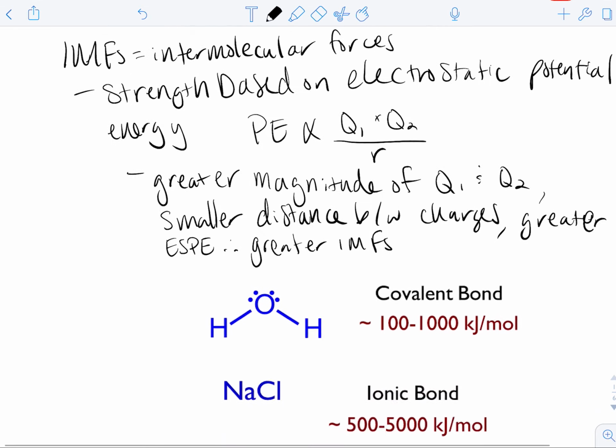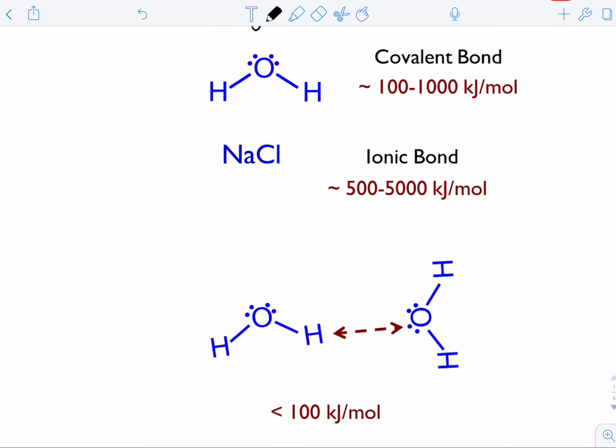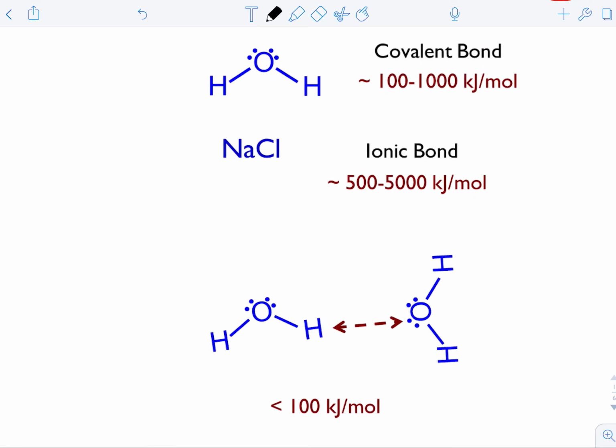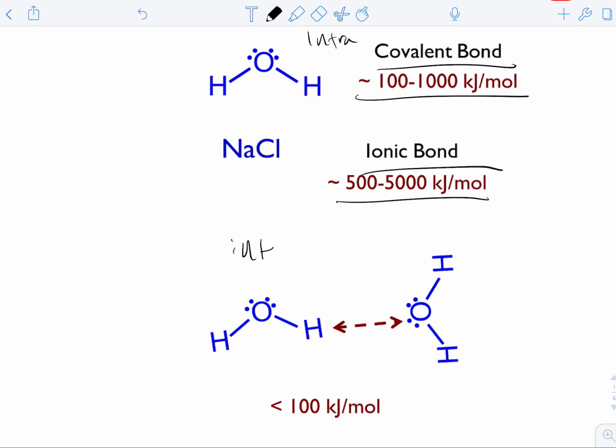Okay, I've just shown this diagram to kind of show the difference between intramolecular forces and intermolecular forces. So an intramolecular force would be covalent bonds and ionic bonds, and they're significantly stronger than our intermolecular forces.